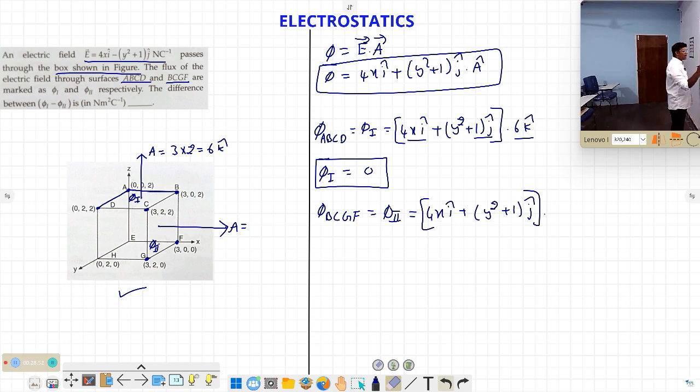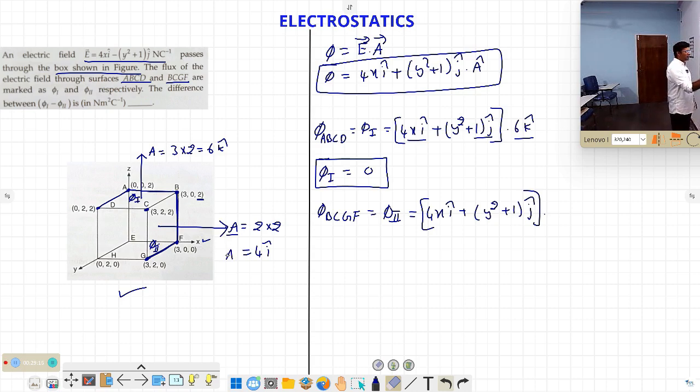So this area is length into breadth. What is the length? I can take the length along the y direction, that is 2, into the breadth, which is also 2 because of the z axis. So 2 into 2, that is 4. What direction is this? This area is along x axis, so I can write it as i cap.